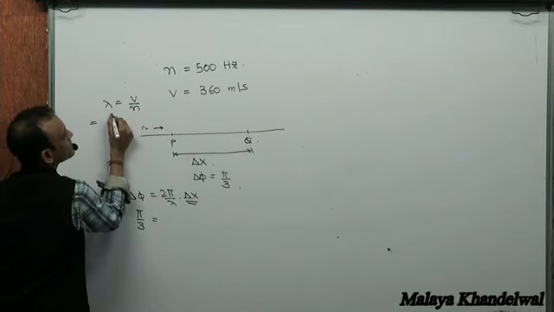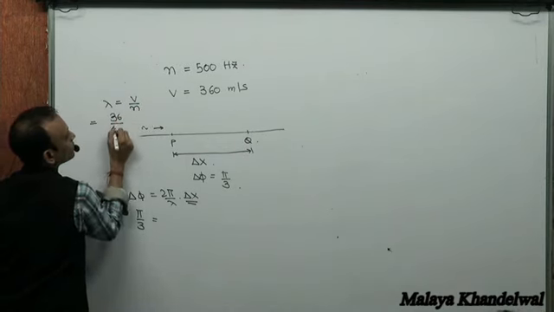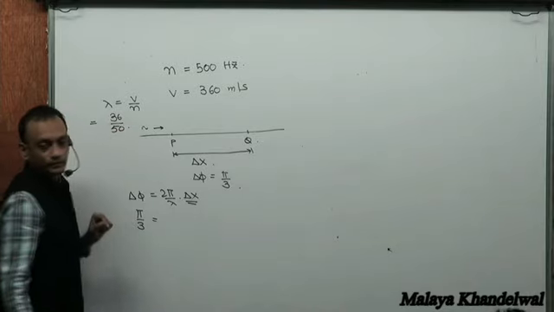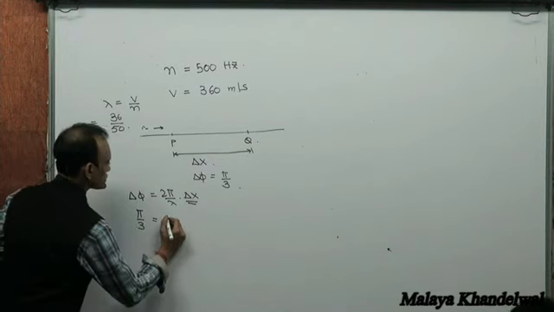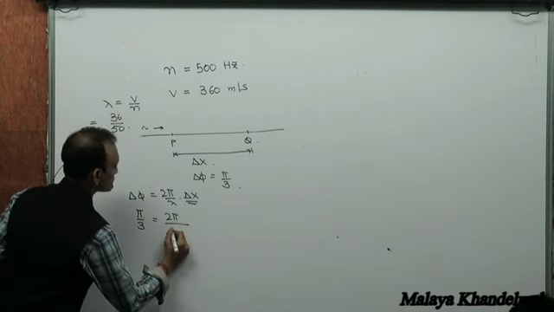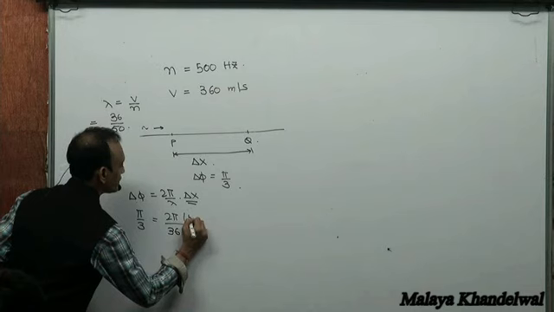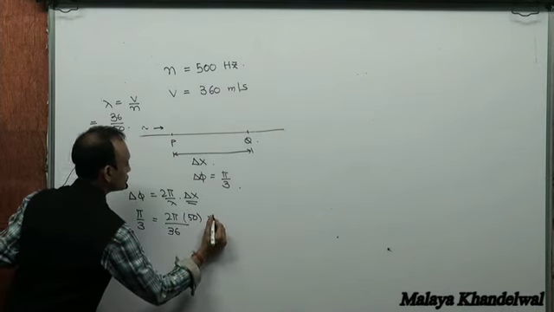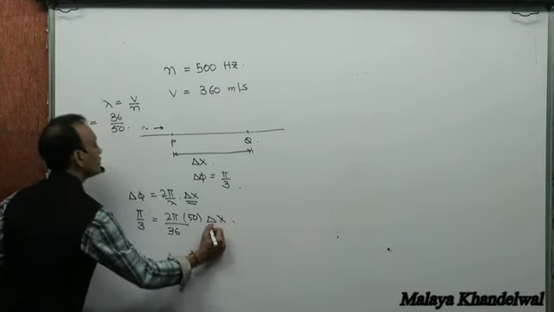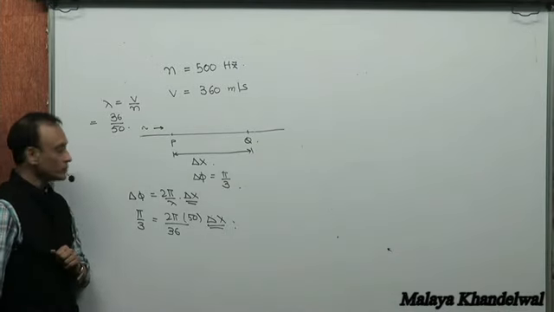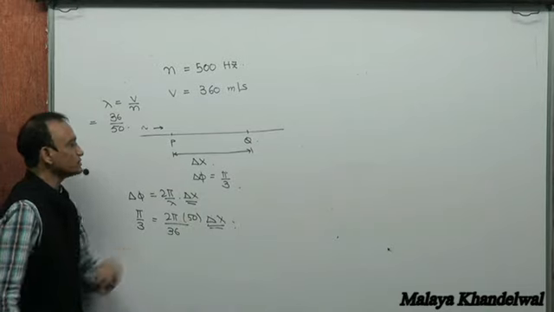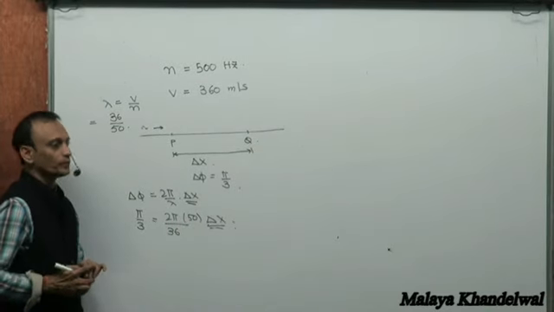So 360 by 500, right? So this is 2 pi by lambda, which is 360 by 500, into delta x. You can solve for delta x, the separation between them. Yes or no? Right?